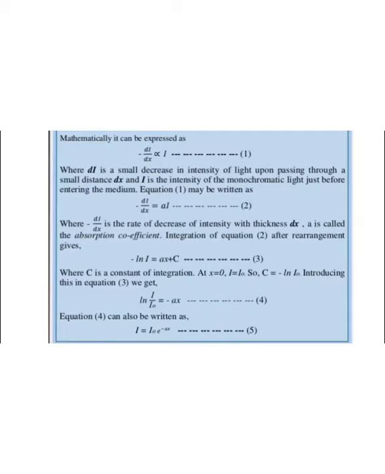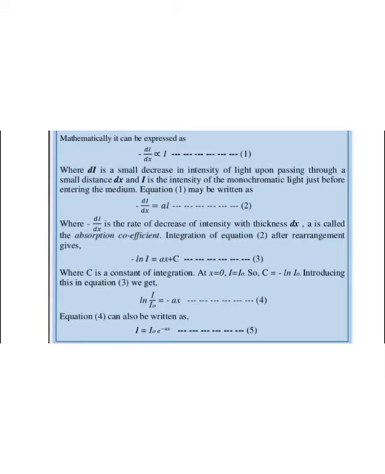Putting this value of C in equation 3, we get equation 4: ln I upon I0 is equal to minus a into x.